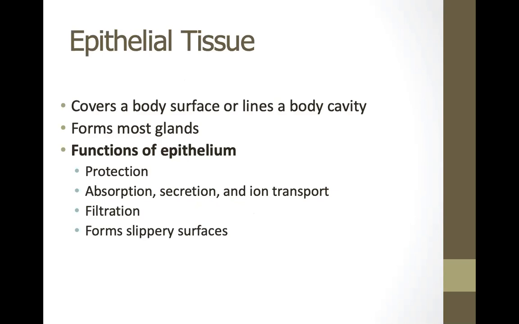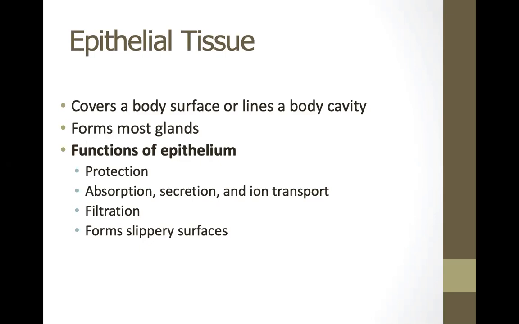So what is the job of each of these categories of epithelial tissue? They can play a role in protection. As I mentioned, your skin is a very good way of protecting your internal organs. Absorption, secretion, and ion transport. Think about when you sweat or when you release oil to the surface of your body.